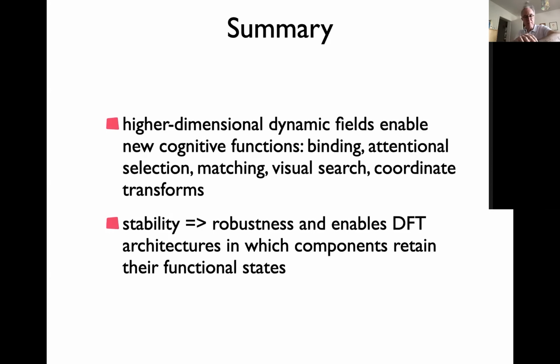Good. So that is as much as I wanted to say about higher dimensional fields. They enable new cognitive functions through binding, attention selection, matching, visual search, and coordinate transforms, which I showed, and through the robustness of the stability of the solutions that give meaning, we achieve robustness. This would be very different if we had built, like some of our colleagues, all our architectures based on transients.